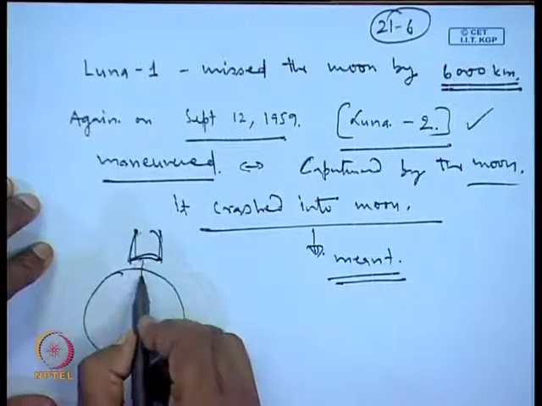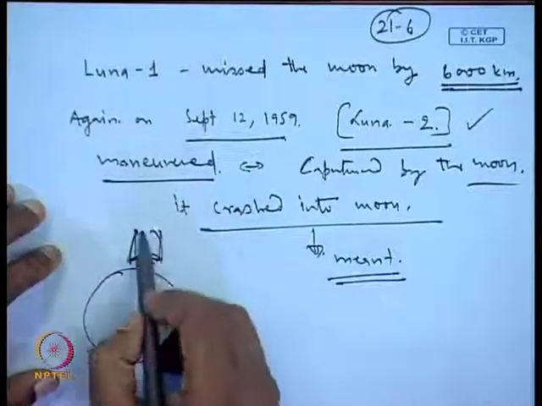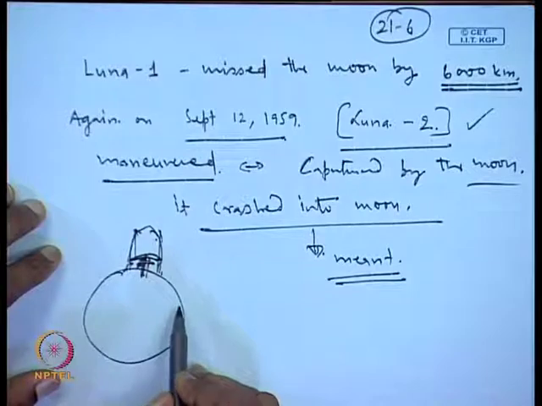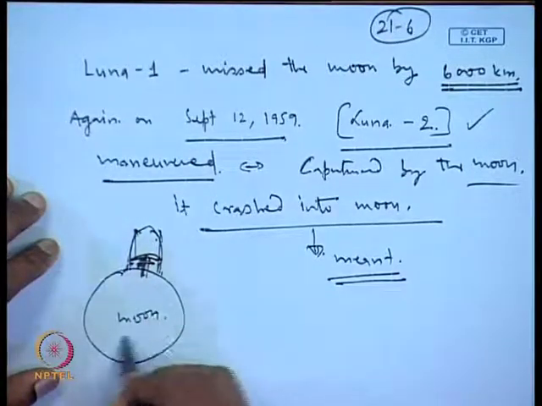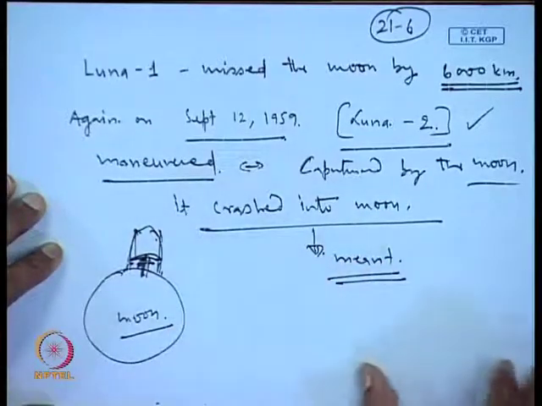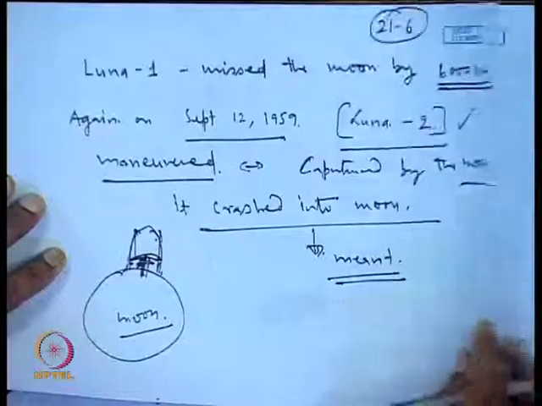While landing, the retro rocket must be fired to support the weight of the satellite, so that it lands smoothly on the surface, otherwise it will crash and get destroyed. This retro rocket technology was not there, and therefore this crash was meant, it was known already that this was going to happen. Later on the soft landing technologies were developed.